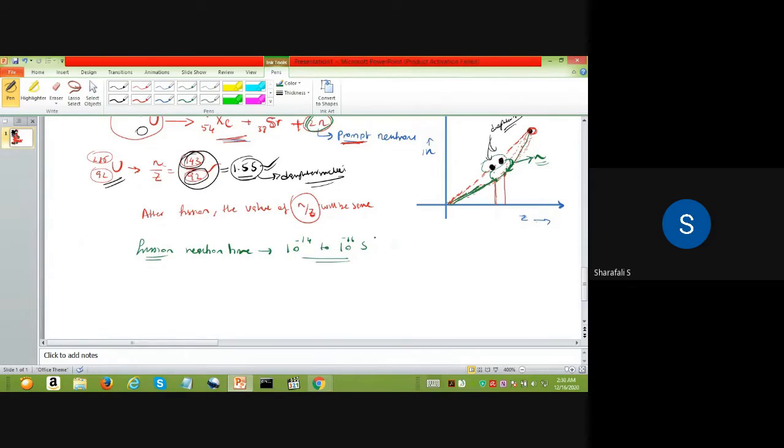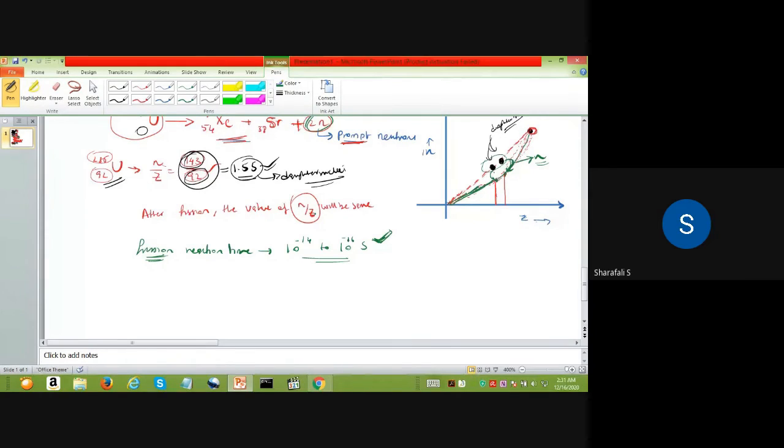Within this much time, the neutrons will come out along with the fission reaction. This is around the femtosecond range, that is 10 to minus 15 second. So that is the fission reaction time, and within that fraction of time, the neutrons also will come out along with the daughter nuclei.